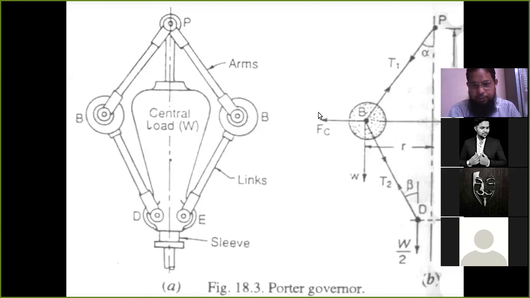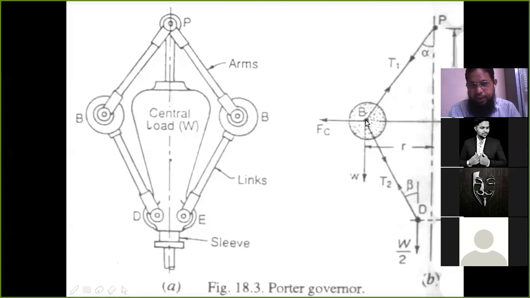At point B, that is the center of the ball, we have centrifugal forces acting. As the ball is rotating, it will be acted upon by a force away from the center. We call it centrifugal force, Fc, whose formula is m r omega square, where r is radius of rotation. Another force is the weight of the ball itself, that is small w, acting vertically downward.